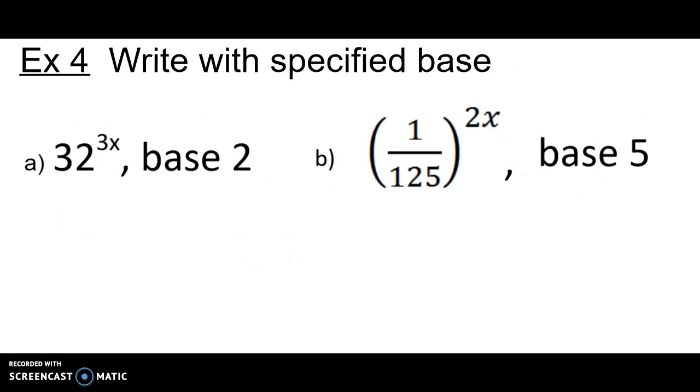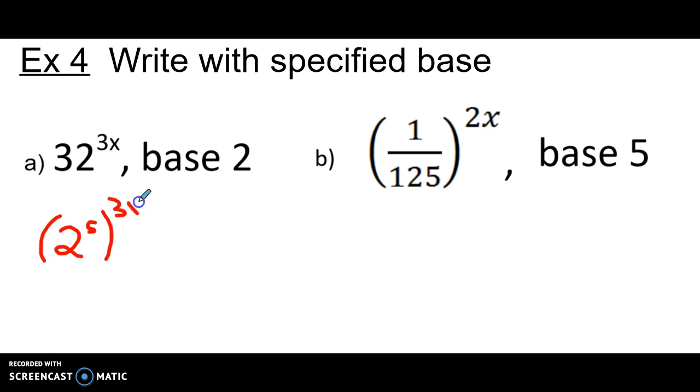All right, so these are some problems that we would certainly do without a calculator. I take something with a base like this and I rewrite it with a different base. So if I've got 32 to the 3x, then I can say 32 is 2 to the 5th, and then the whole thing is to the 3x power.